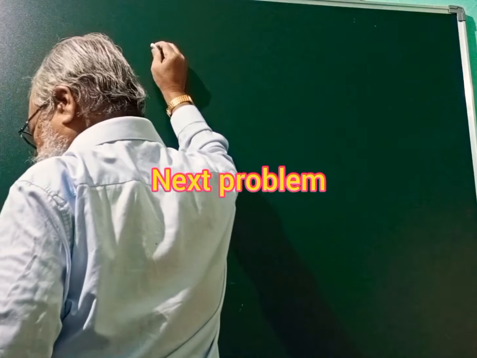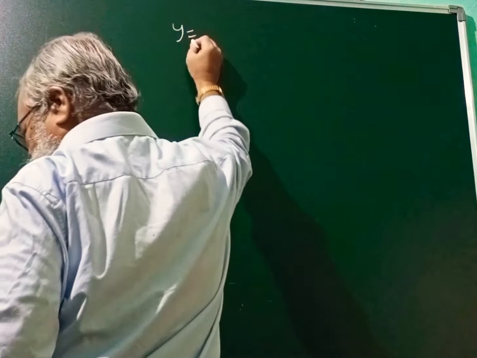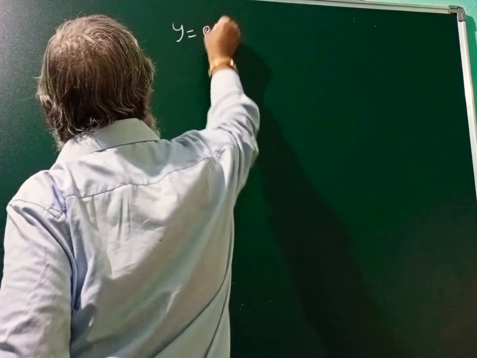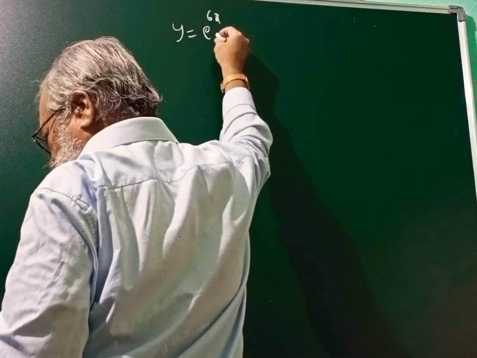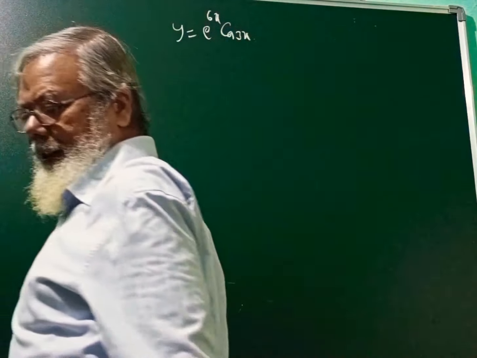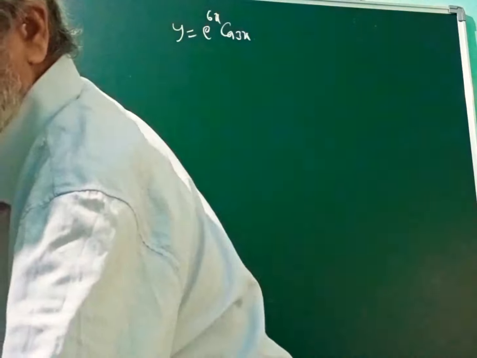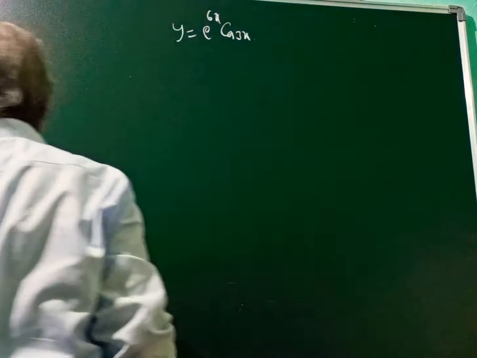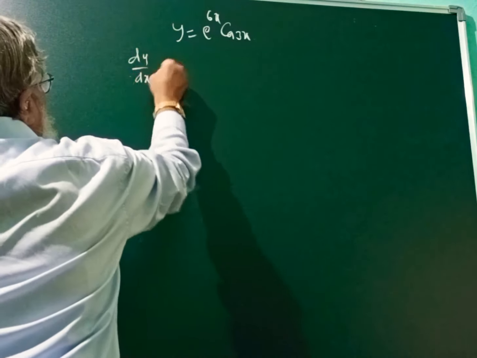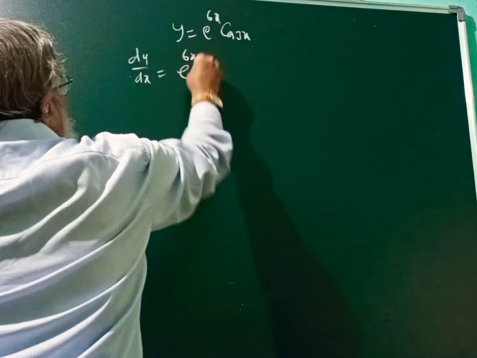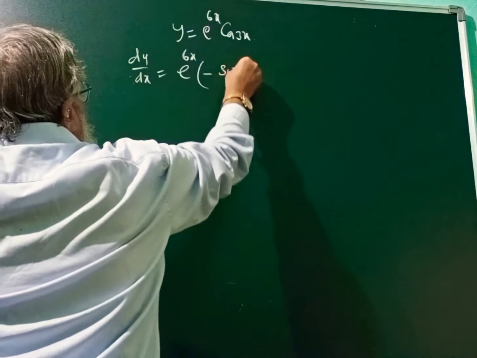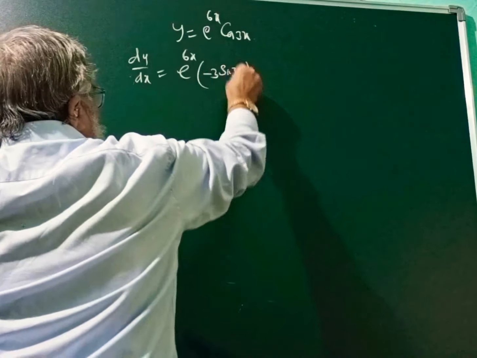Next problem. Find the double differentiation, y is equal to e raised to 6x into cos 3x. Again here also you can see we have to apply the product rule to differentiate it. First function as it is, differentiation of cos 3x is minus sin 3x, differentiation of 3x is 3 here.